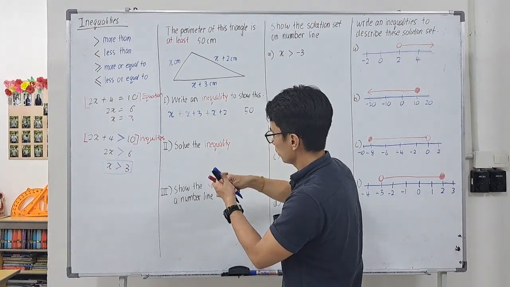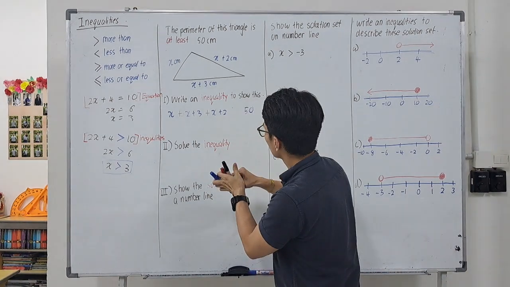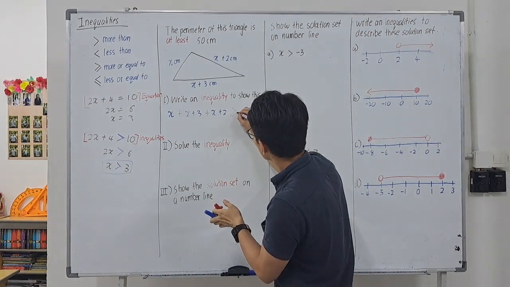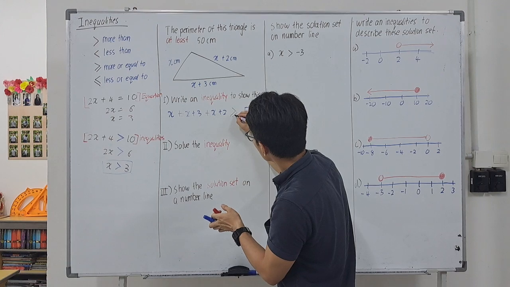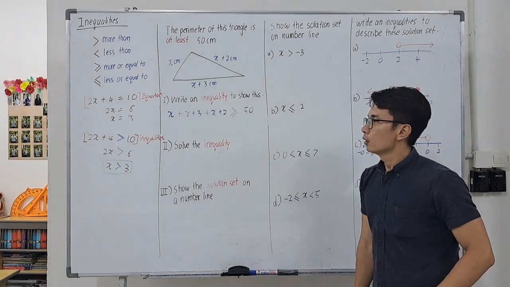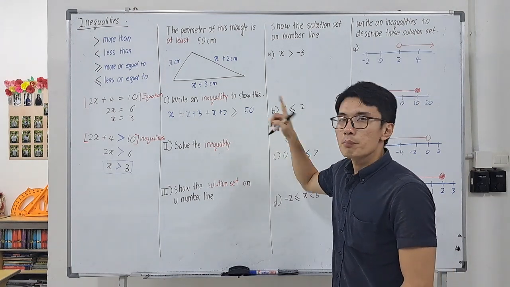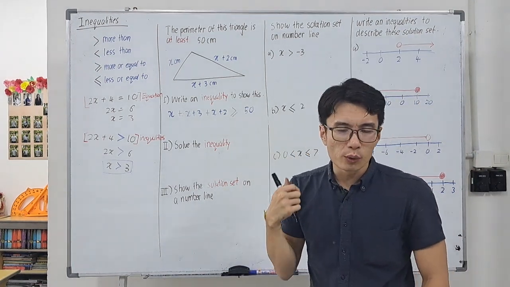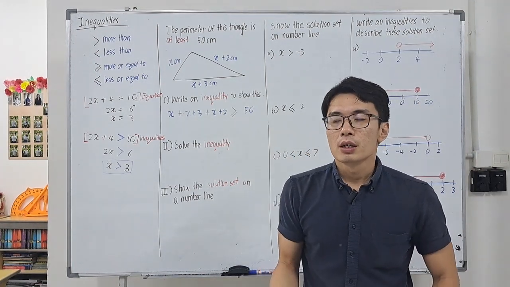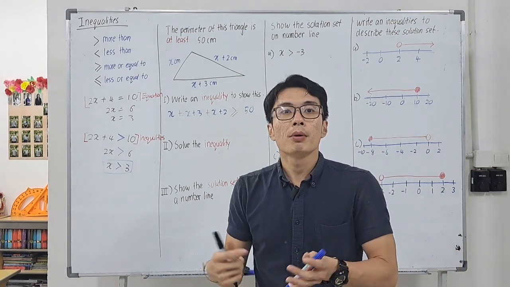It's going to be this one. So this sign over here means at least. Now, what does the word at least mean?